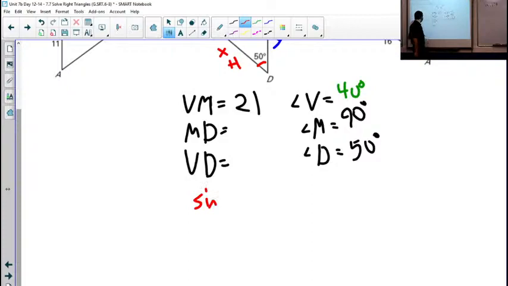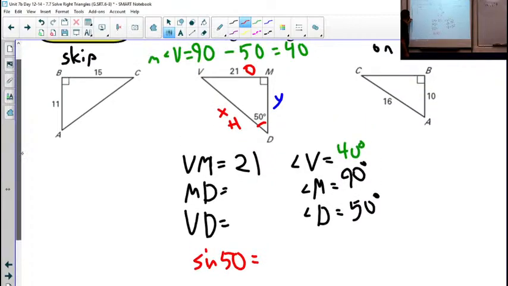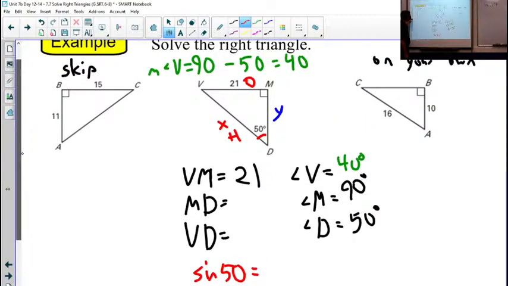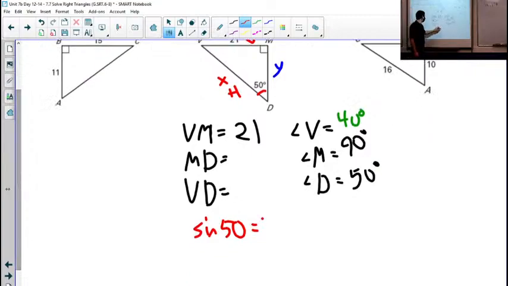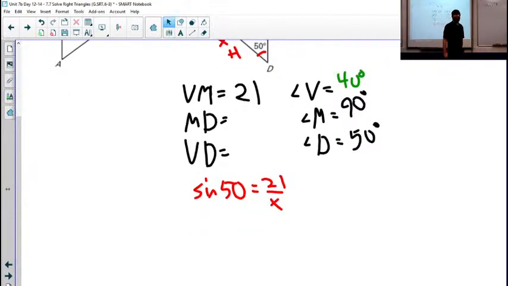Sine of my angle, this time I know it, it's 50, equals opposite, my opposite is 21, over hypotenuse, I don't know it. These are the kind of problems we practiced all last week. Right, using our trig.